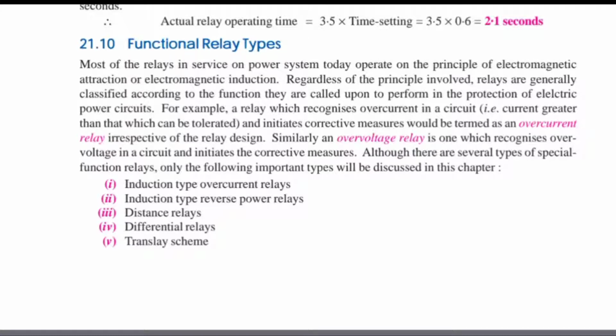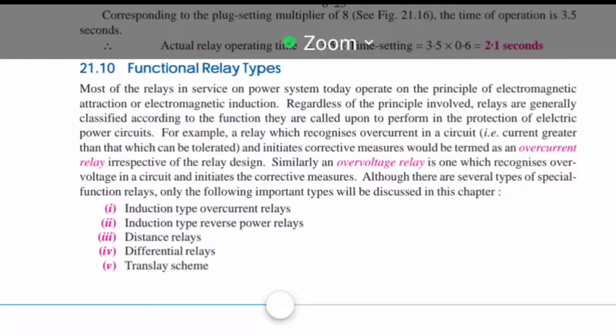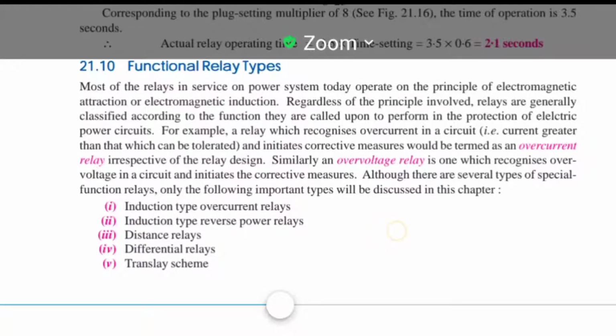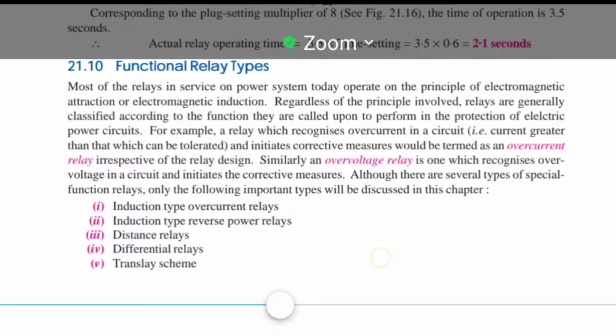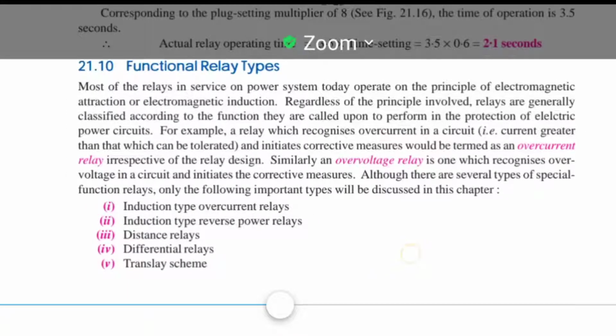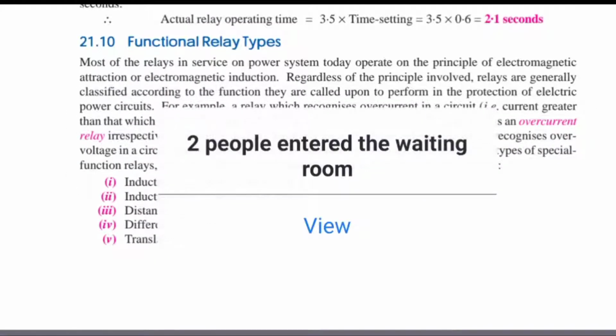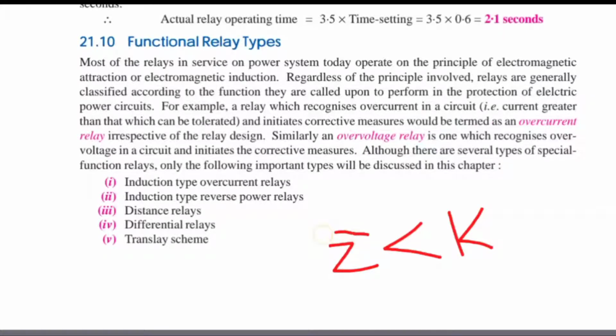Similarly, when impedance falls down, the relay is known as an impedance relay. There is a difference between induction relays and impedance relays. When Z is less than a predetermined value, some constant K, the relay will operate. Under normal operating conditions, assume the impedance of the line is 10 ohm.